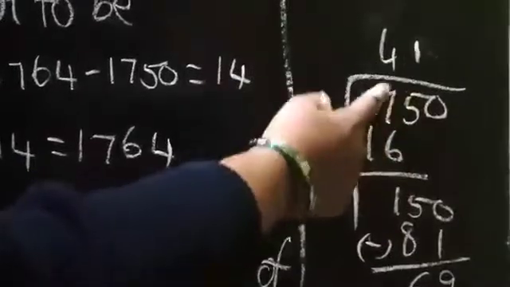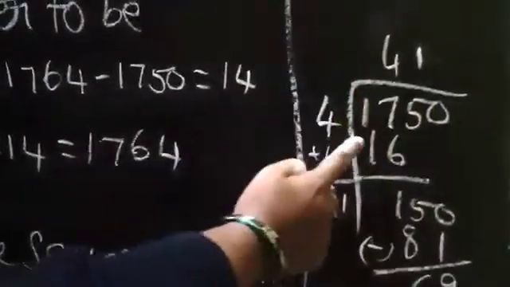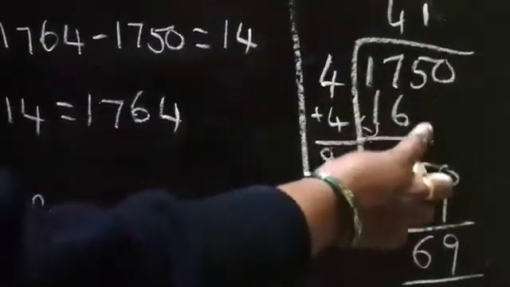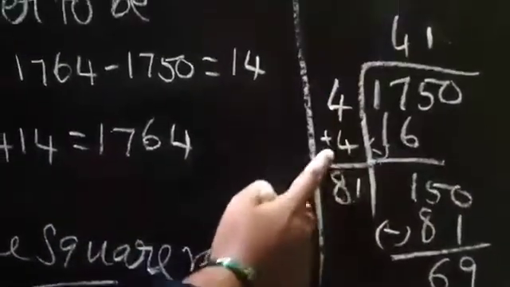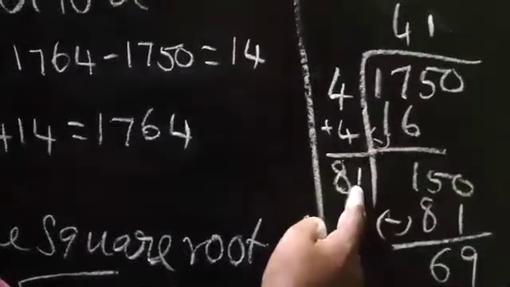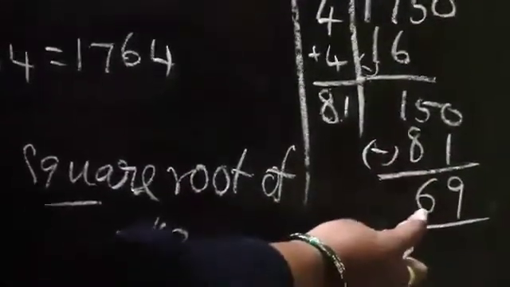1750, this is one group, this is second group. So 4 fours are 16. 17 minus 16 will get 1. Again we have to bring 50 here. Then 4 plus 4 will get 8. Then 1 time only, we will get 81 into 1, 81. Then remainder will be 69.